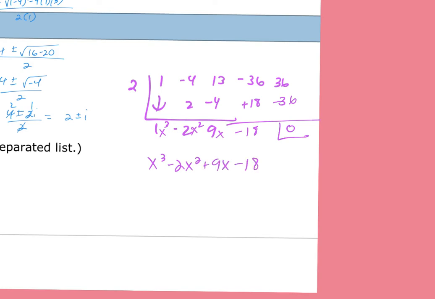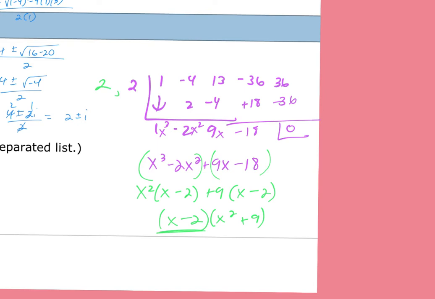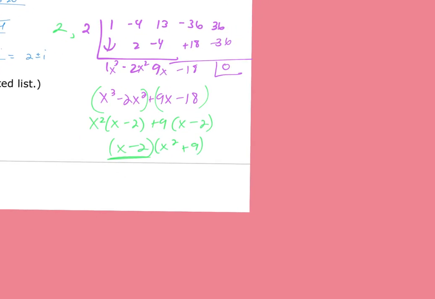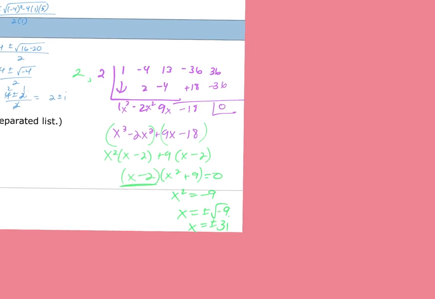And you can actually factor this by grouping. So this is my other root, so there's 2 2's, and then I would try to solve this, set it equal to 0, x squared equals -9, x equals plus and minus the square root of -9, which is plus and minus 3i, and those are the other zeros.